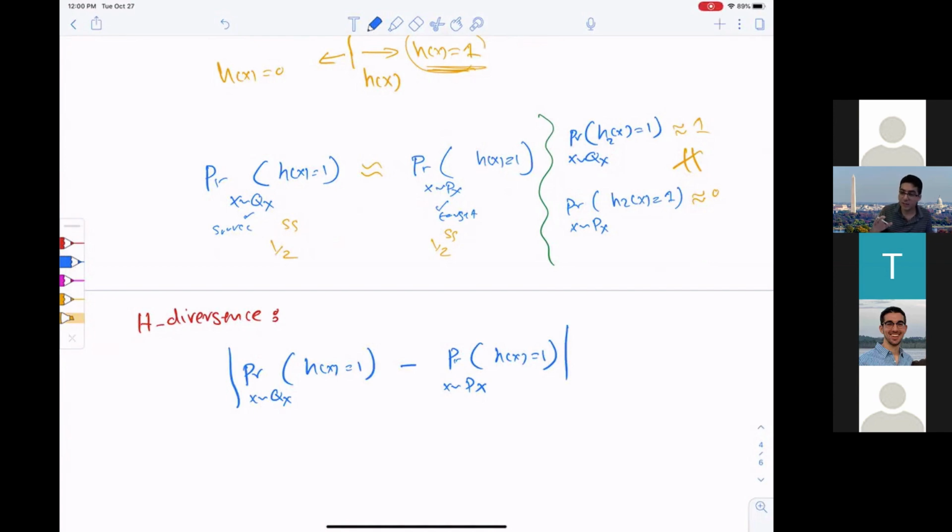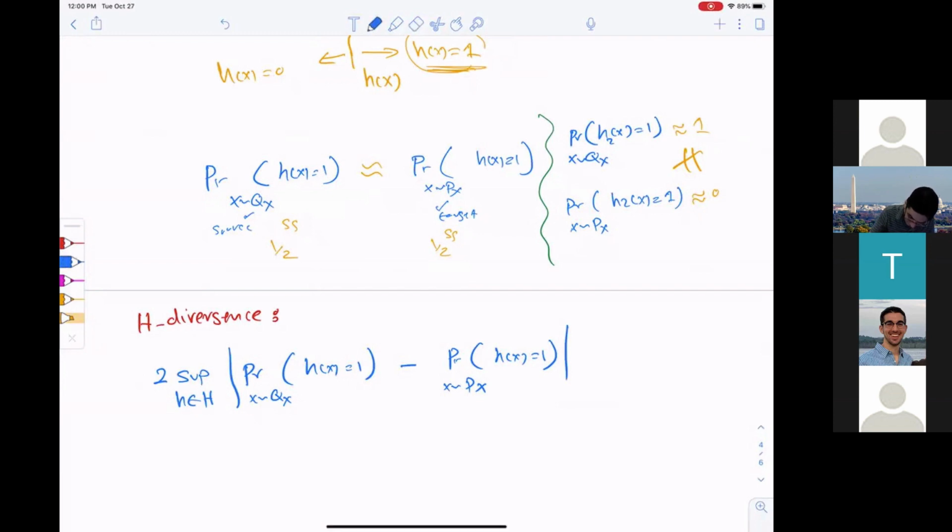I'm going to look at the worst h, because I want to find a function that can distinguish between source and target. So I'm going to look at the supremum over h. And for some mathematical convenience, we multiply it by 2. It really doesn't matter.